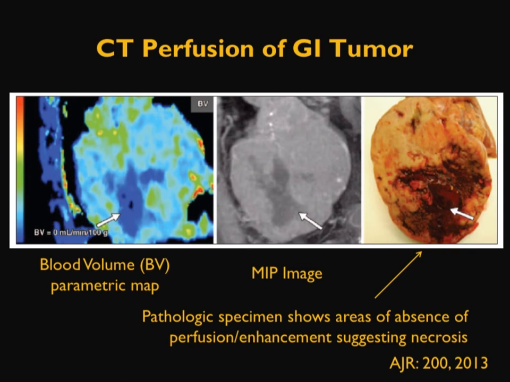The middle image shows the CT image, and on the right hand side the pathologic specimen shows areas of absence of perfusion or enhancement suggesting necrosis. Basically, this image demonstrates the CT perfusion capability of evaluating tissue vascularity and permeability and so forth.